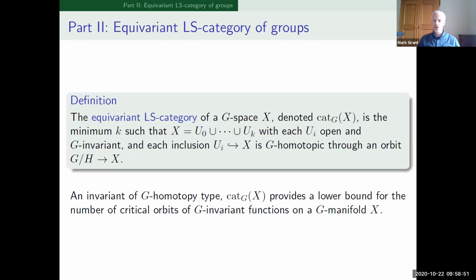And this is a G-homotopy invariant, and just as with the ordinary Lusternik-Schnirelmann category, it provides a lower bound for the number of critical orbits of G-invariant functions in the case of a G-manifold.